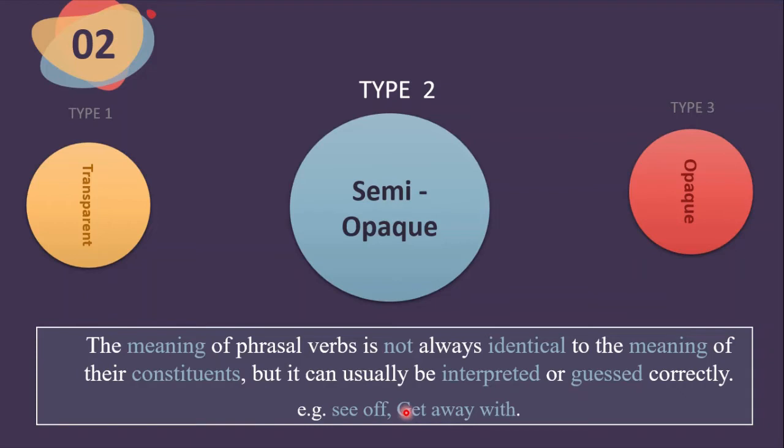It's a medium to guess. You can tell the meaning if you have good knowledge of all the elements and you have the ability to contextualize the phrasal verb correctly.